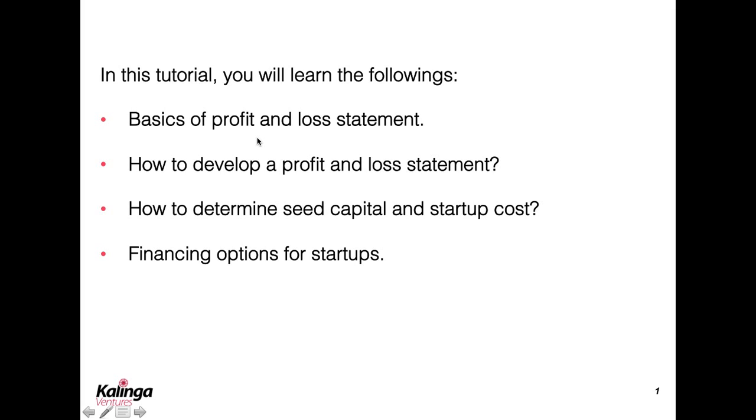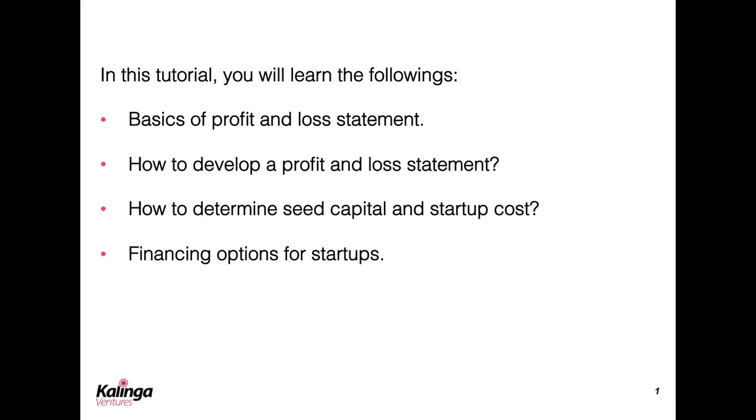We would first go through the basics of profit and loss statement. Then we will develop a profit and loss statement, and then we will determine seed capital and startup cost. And finally, we will look at all the financing options that are available for a startup.